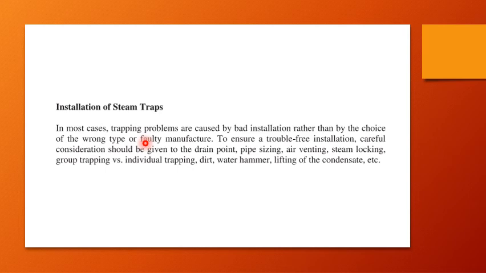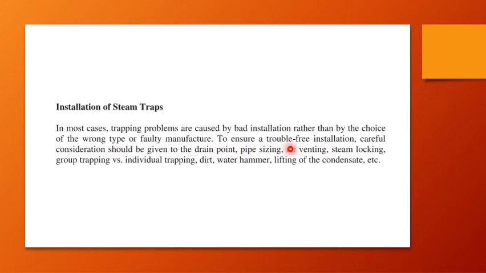But more important is bad installation. So that is what is meant to be explained here: not only the wrong choice of type and the faulty manufacturer are a concern for us. The most important concern is bad installation.